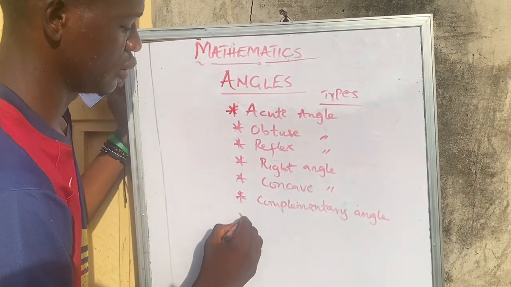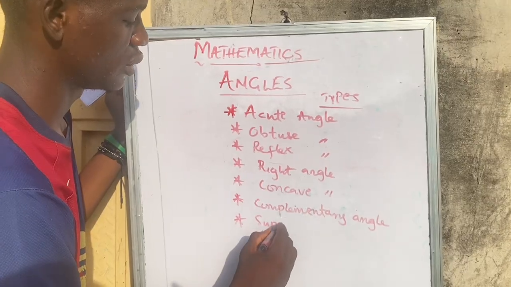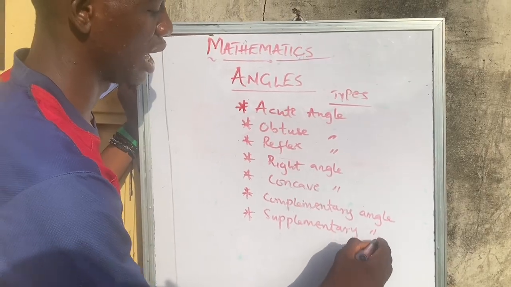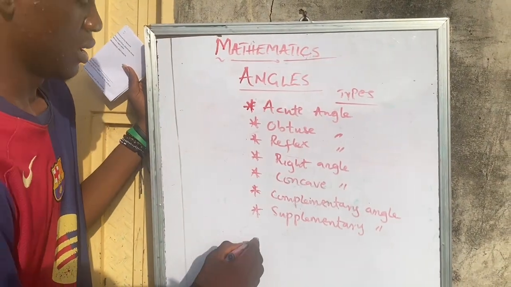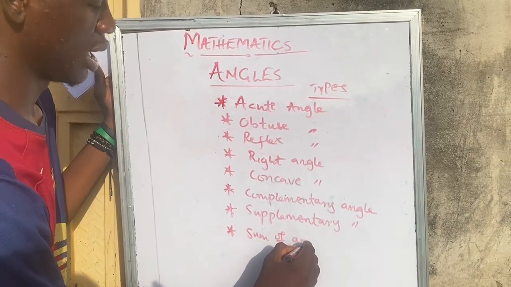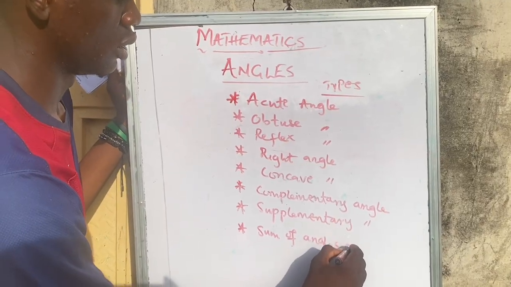We have so many types. We have supplementary angle. We have sum of angles on a straight line.